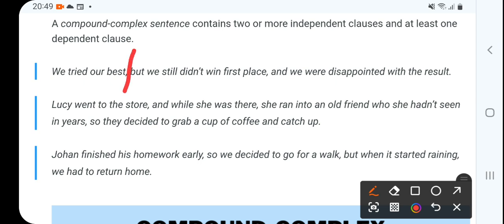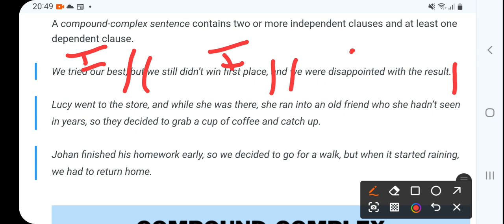Example: "We tried our best," independent clause. "We still did not win first place," independent clause. And at least one dependent clause: "and we were disappointed with the result." So that is at least one dependent clause.